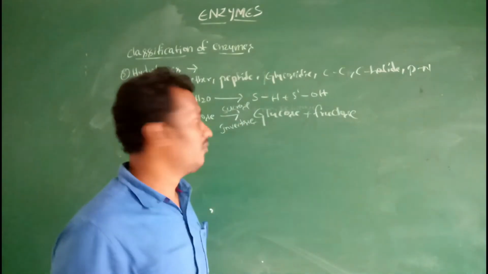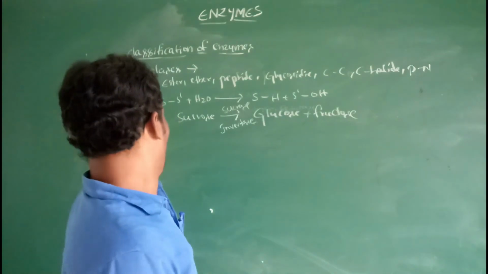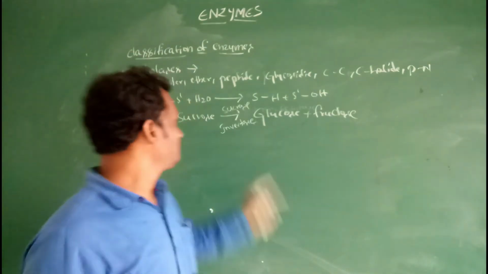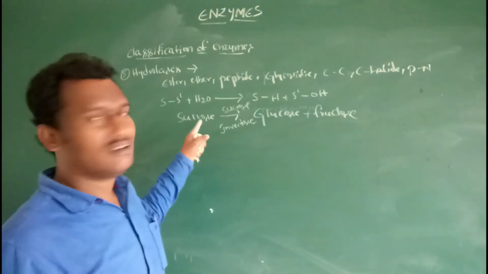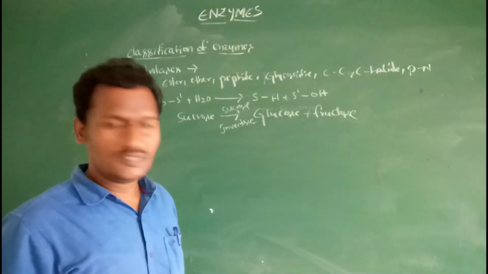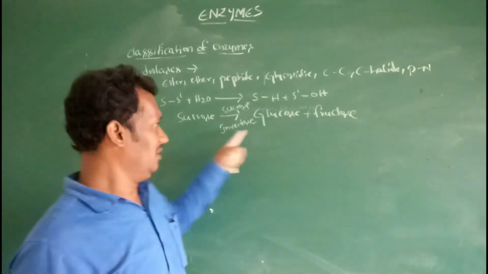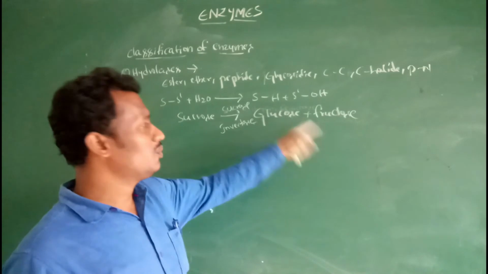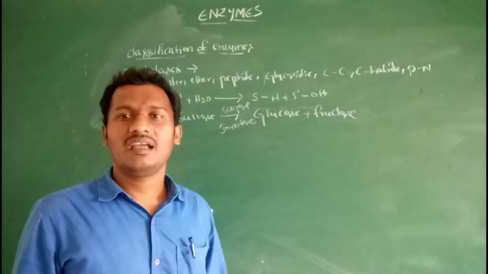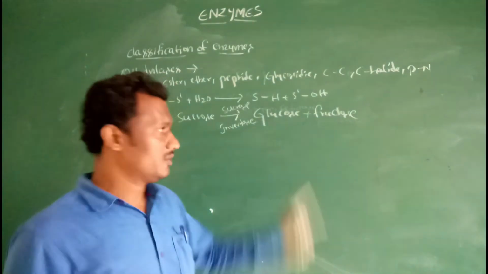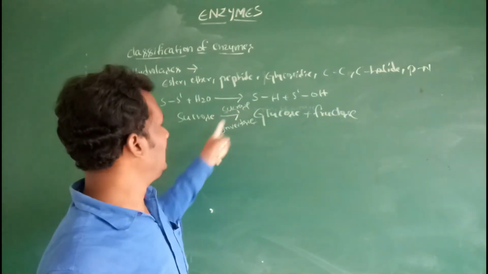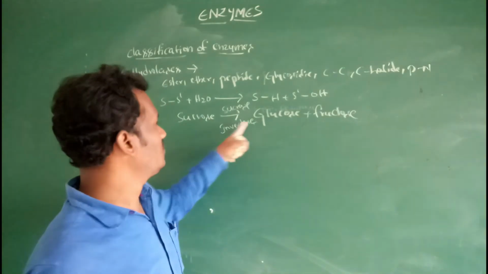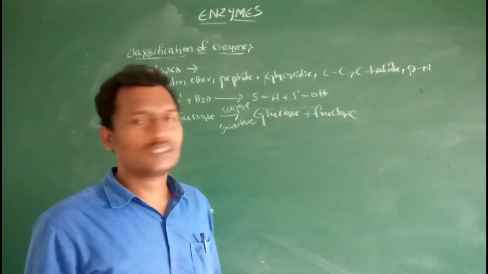This class of enzymes is known as hydrolases. Sucrose contains two monosaccharides, glucose and fructose, joined by a glycosidic bond. Sucrase or invertase breaks the glycosidic bond, and sucrose is converted into glucose and fructose.